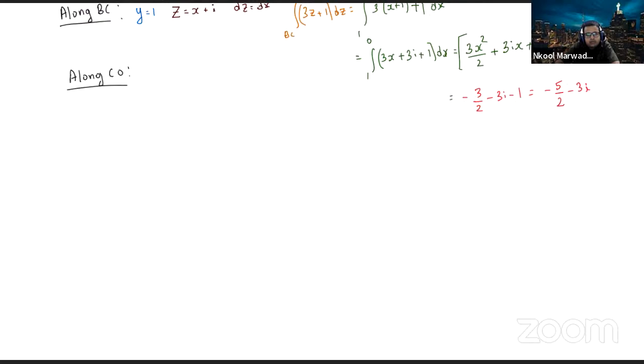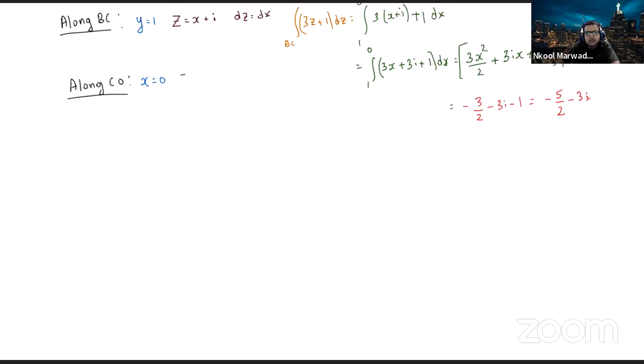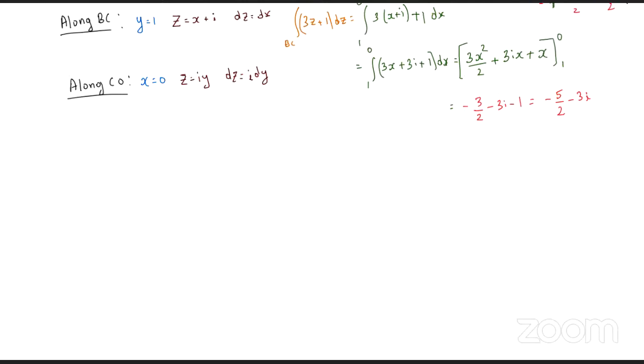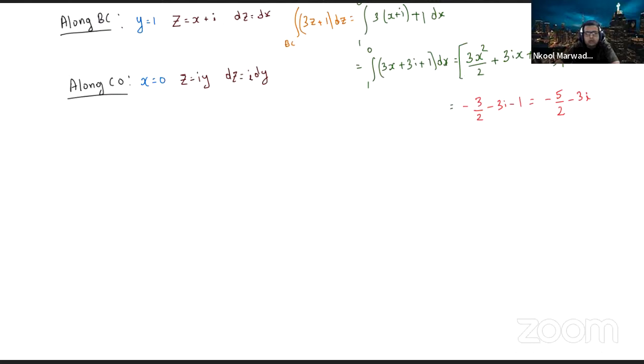If x is equal to 0, z will be iy, and dz will be i dy. Isn't it? Yes, sir. Now we can calculate this integration along CA, 3z plus 1 dz.